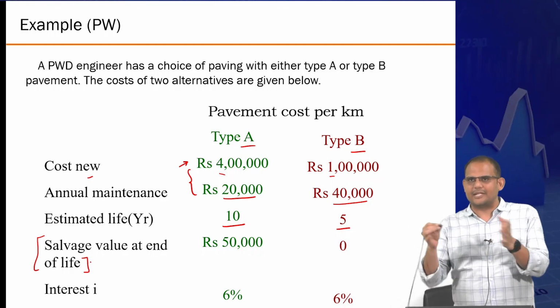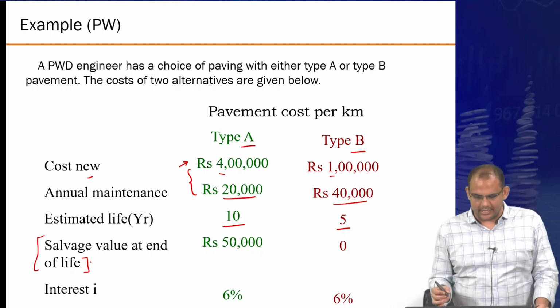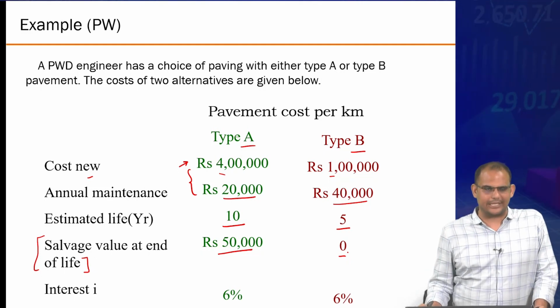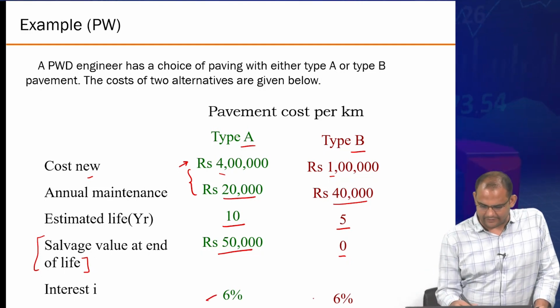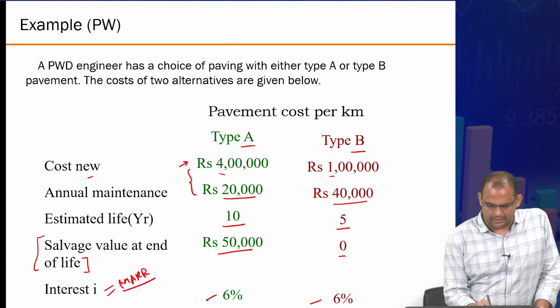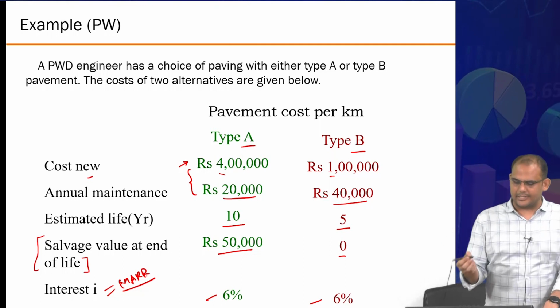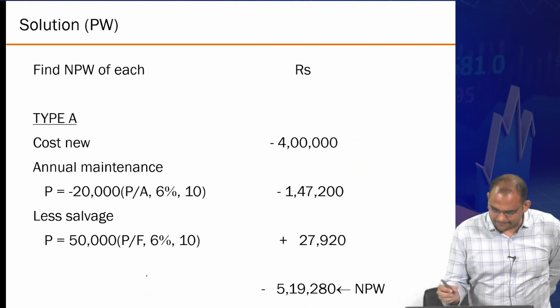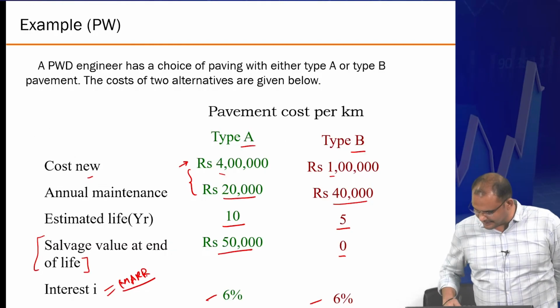Salvage value could come from multiple reasons. So that becomes 50,000. But for type B, you are not expecting any money at the end of the 5 years. The interest rate, or in this case the MARR, which is the minimum acceptable rate of return, is 6%. So for type A, the LCM in this case is what?